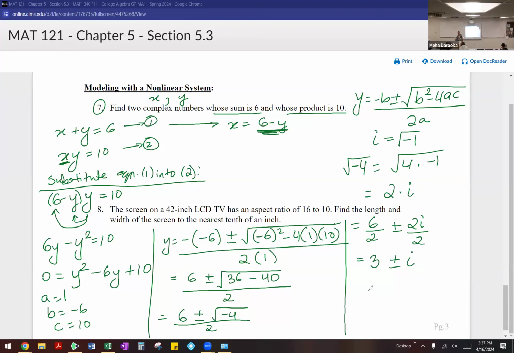So your two complex numbers are actually conjugates of each other: 3 plus i and 3 minus i. When you add them together, they add up to 6. When you multiply them together, they multiply into 10.